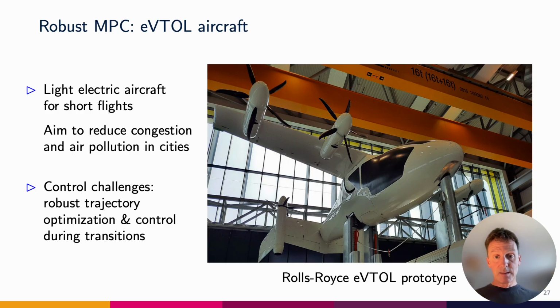The idea is that these will facilitate urban mobility by replacing, for example, taxi journeys. And the aim is to reduce congestion and air pollution, particularly in cities. So they're designed to do short journeys of maybe 15-20 minutes carrying passengers.